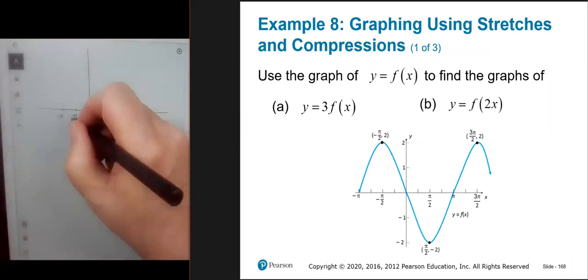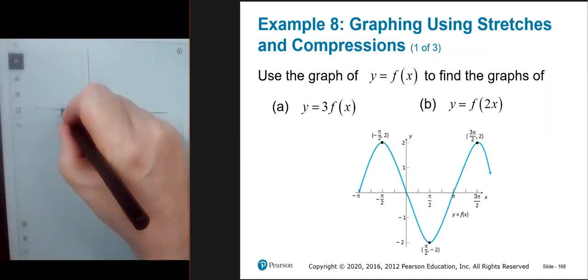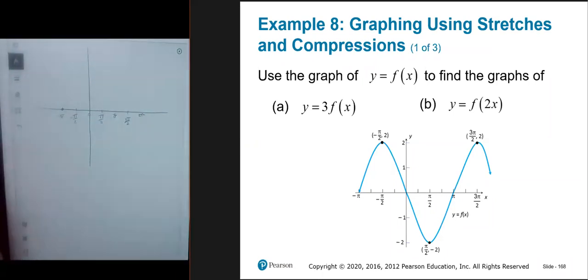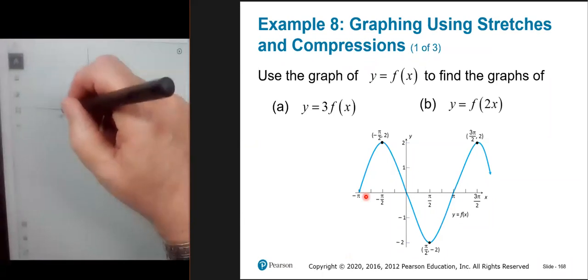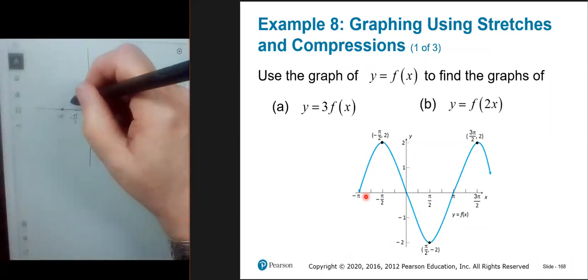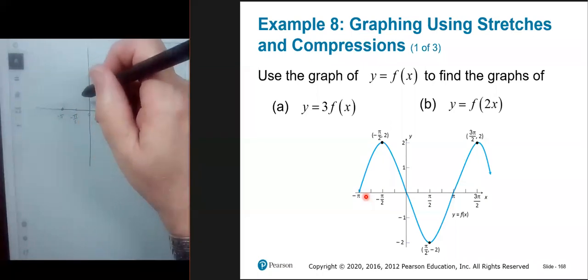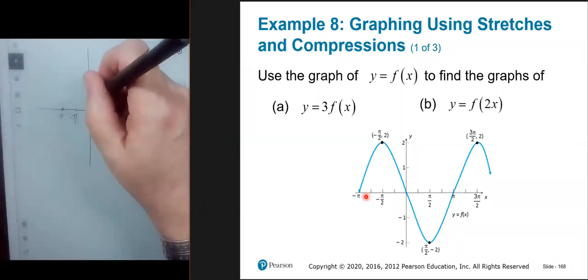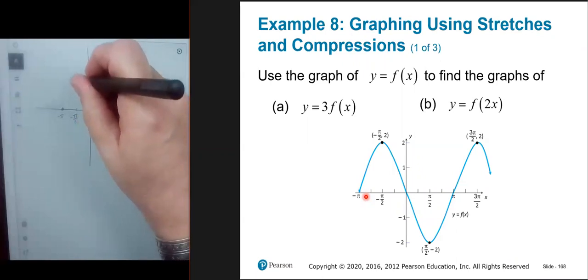So what happens here at pi, it's at 0, even though they just have an arrow there on the picture. It goes through (0, 0), I mean through -pi, 0, and then at pi/2, it's at 2. Well, I'm going to have this be 1, 2, so this is up to here.